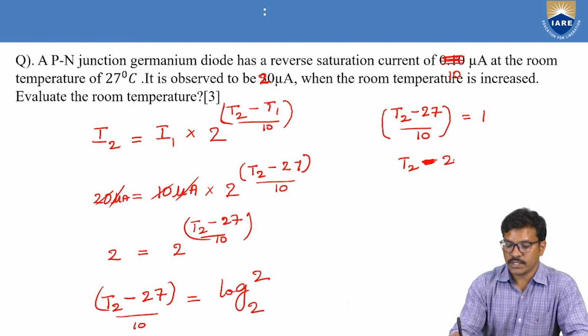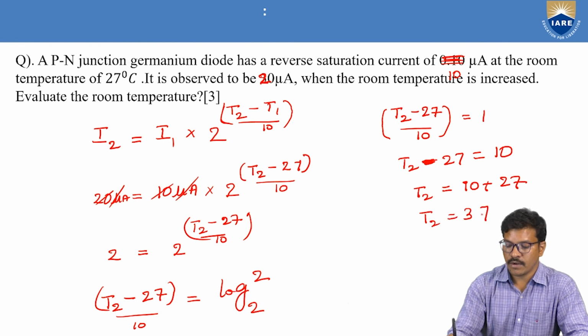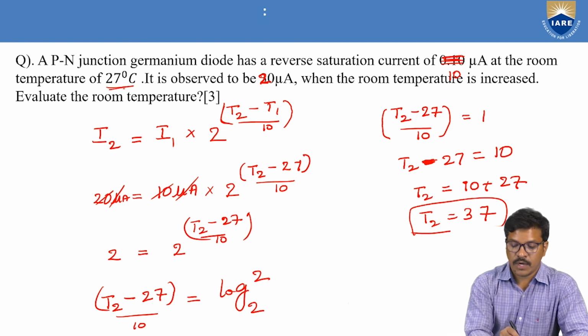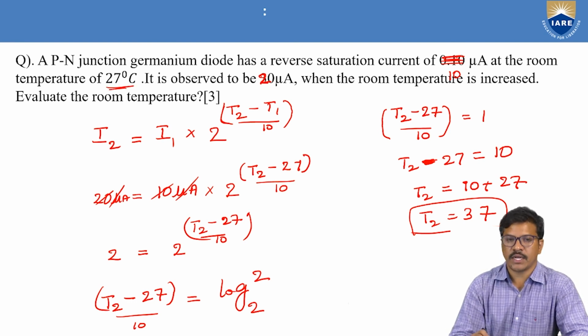T2 minus 27 is equal to 10. T2 is equal to 10 plus 27. T2 is equal to 37. Why am I taking this example? T1 is equal to 27, which we have given, and T2 is equal to 37.